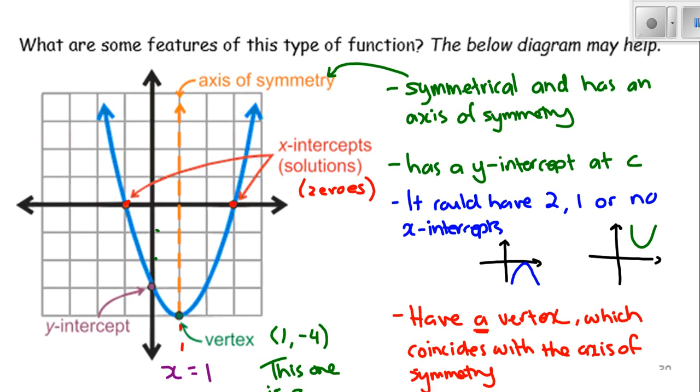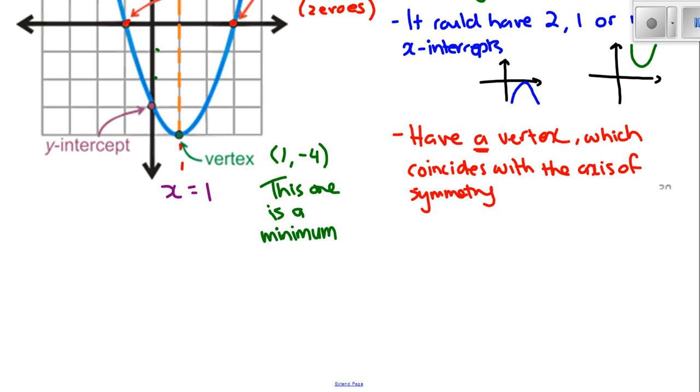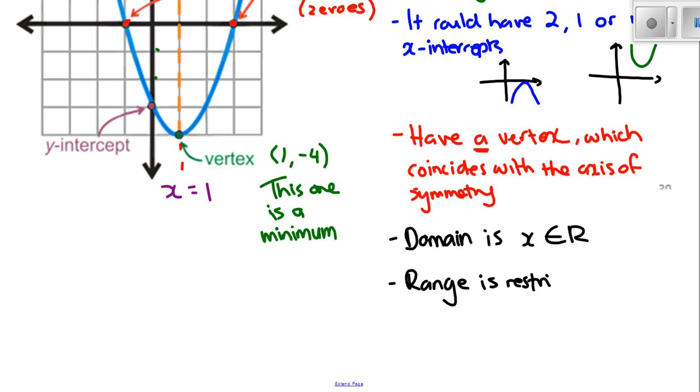Oh, domain and range. So domain is easy. It's just x is an element of the reals because it goes out infinitely horizontally. Whereas the range is restricted according to the y-coordinate of the vertex.